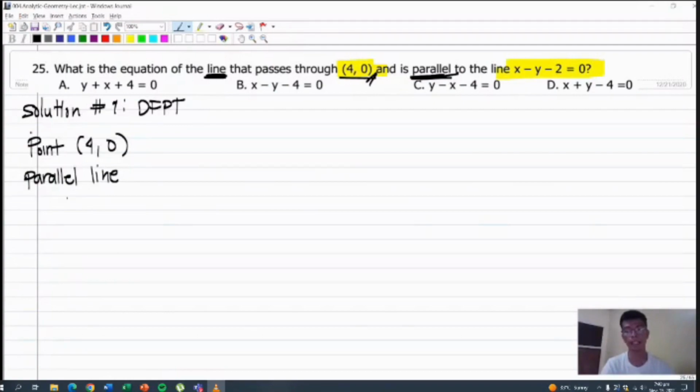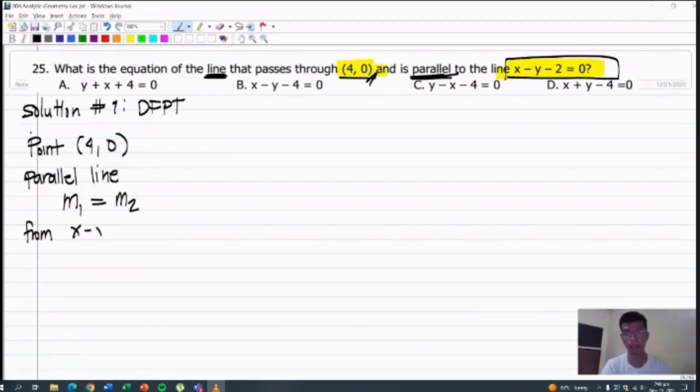And from parallel lines, huwag natin kakalimutan na ang slope ng isa parehas din sa slope ng iba. So, para sa ating required line, ang gagamitin natin point is 4, 0, and also ang gagamitin nating slope is kung anong slope ang makukuha natin kay line x minus y minus 2, dahil parallel sila. Parehas ang slope nila.